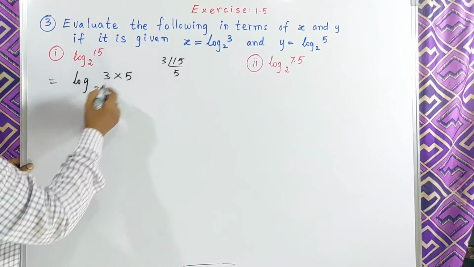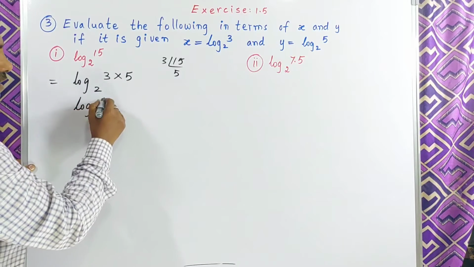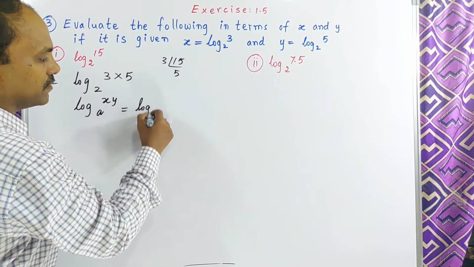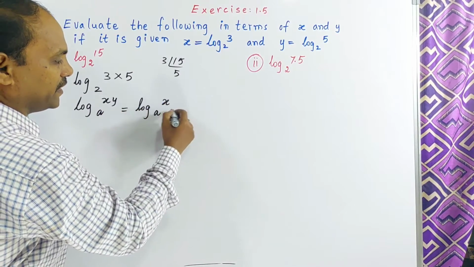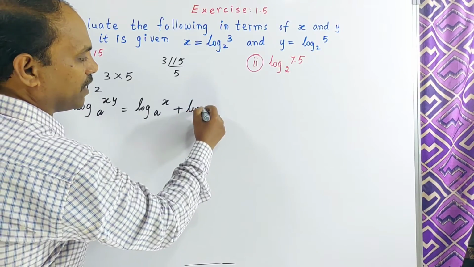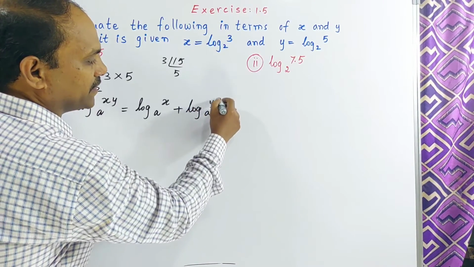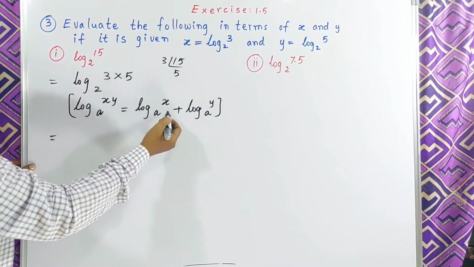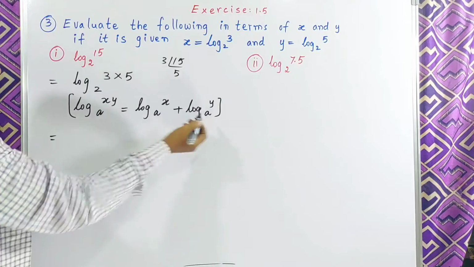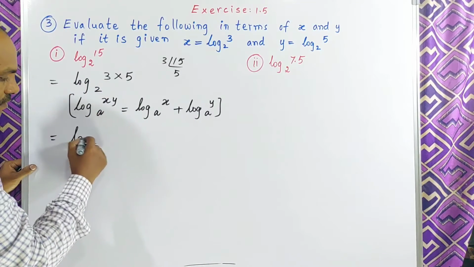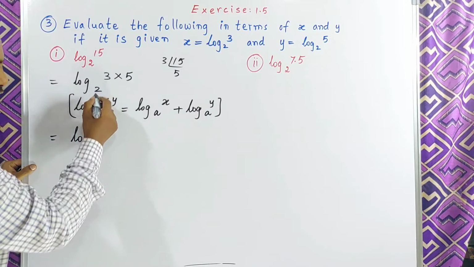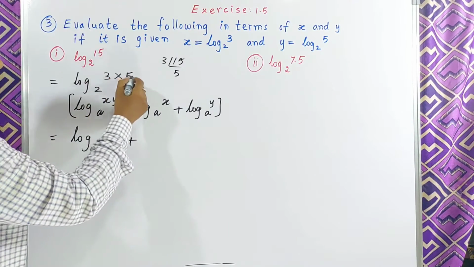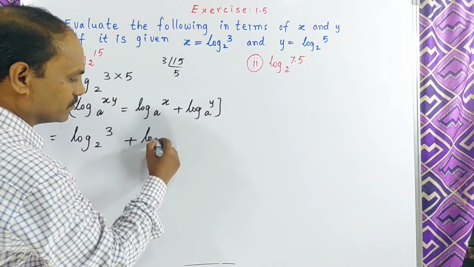Now, since multiplication is there, by the formula log xy to the base a equals log x to the base a plus log y to the base a, we can expand this as log 3 to the base 2 plus log 5 to the base 2.